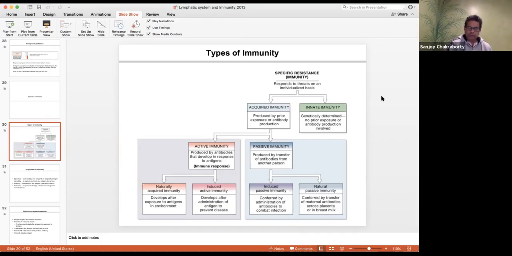Class 1 is in all nucleated cells. So all nucleated cells already have the class 1 protein. When a foreign antigen attacks them, the class 1 protein captures one of the abnormal peptides and shows it on the membrane so that it can attract cytotoxic T cells, which have the CD8 marker.